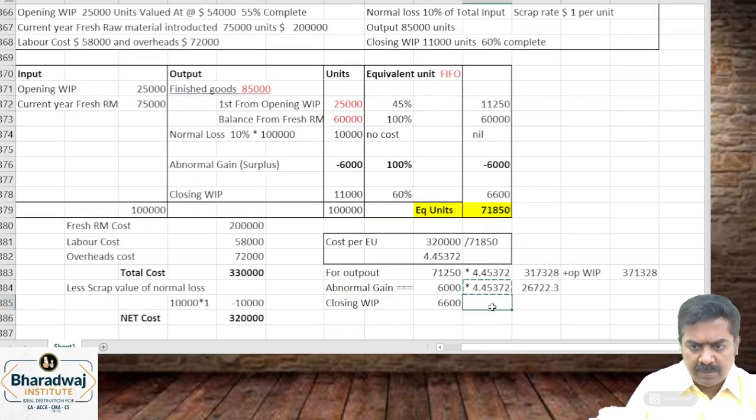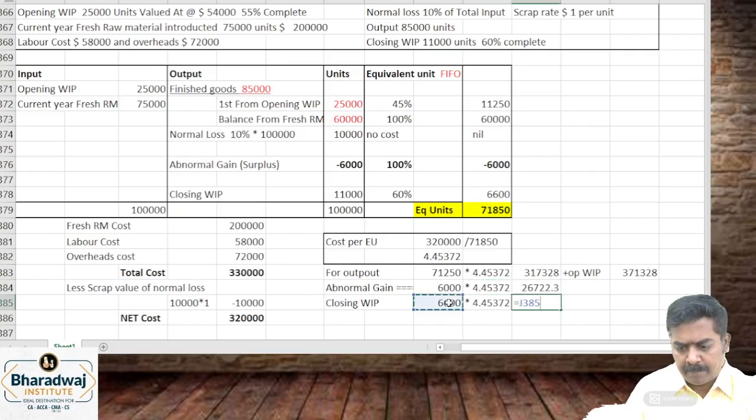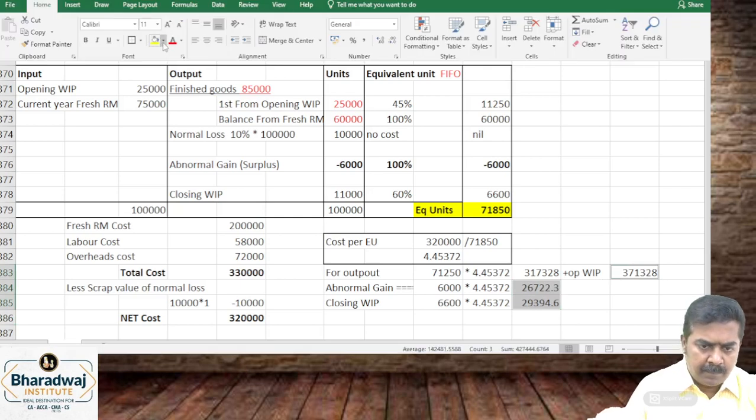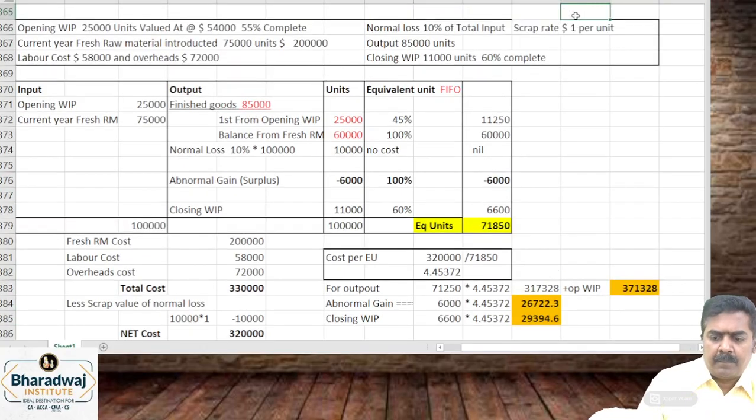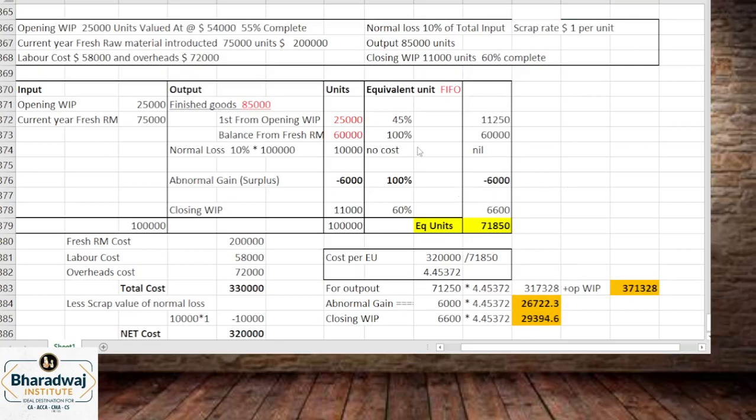Cost is assigned based on cost per equal unit. Please take up this.